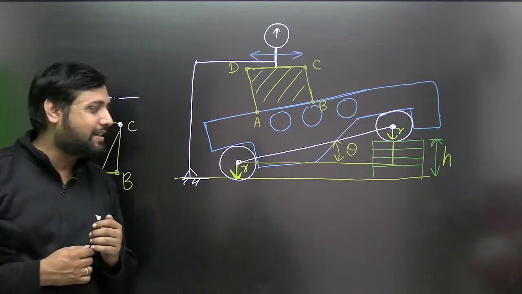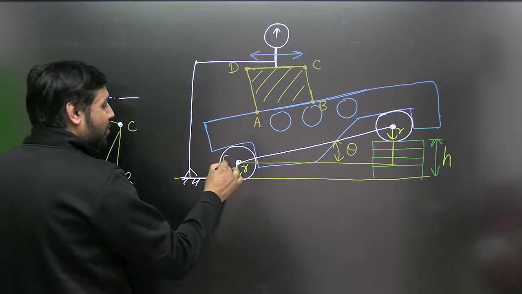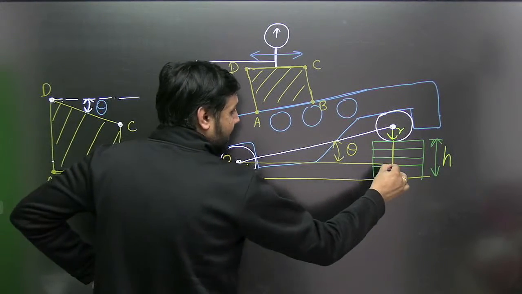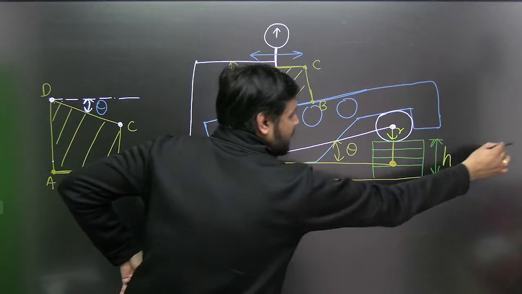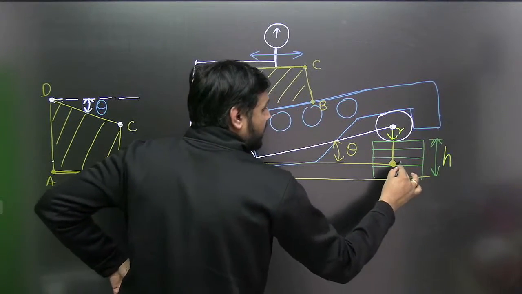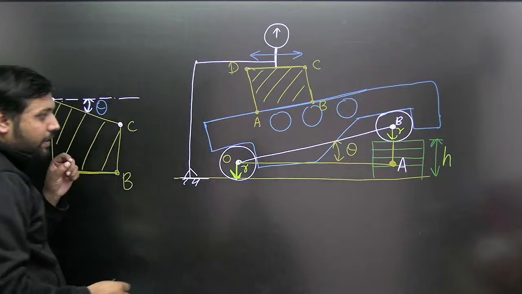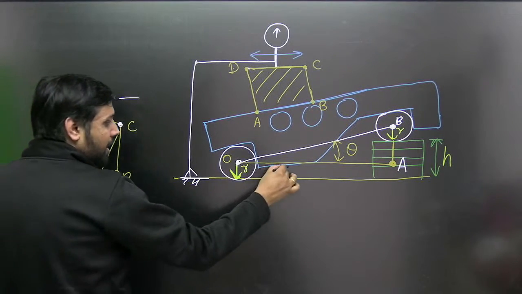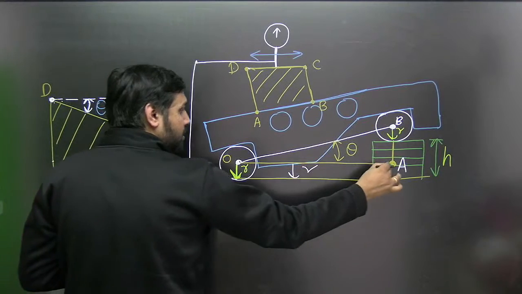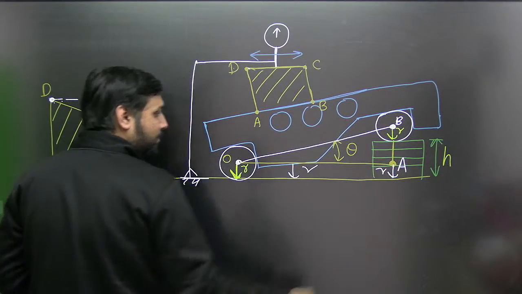Great. Now look at this. This point is, let us say, O. That point is, let us say, A, and this point is B. If you look at this carefully, this much is R, so this will also be R, and this will also be R, right?